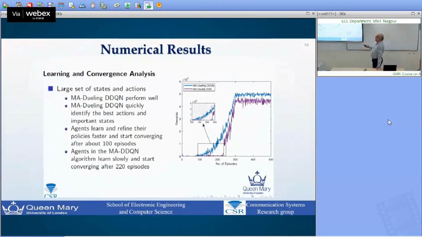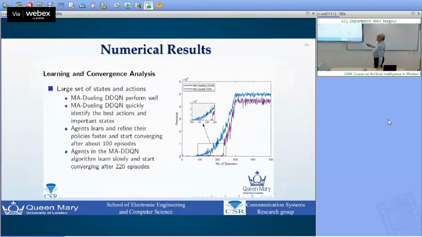Here we can see double DQN without dueling and with dueling. With dueling, it converges quickly. Without dueling, it goes through all states and all actions, even the insignificant ones, so it takes a long time to converge.